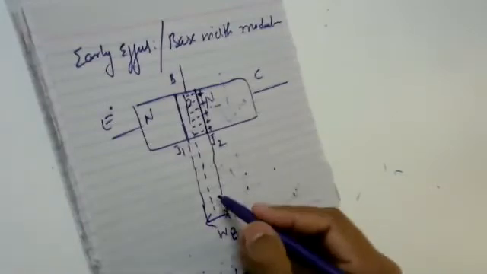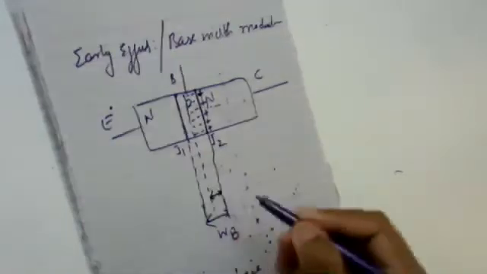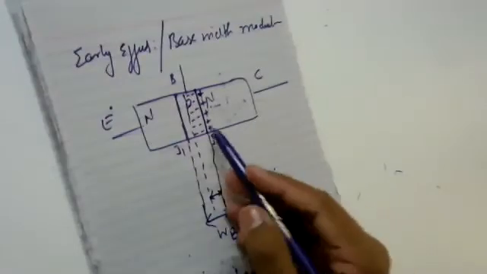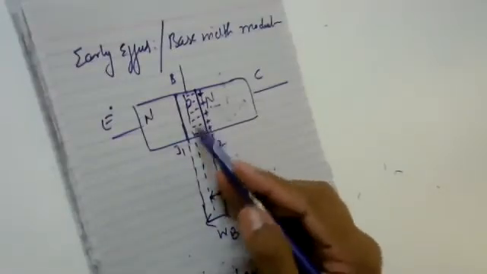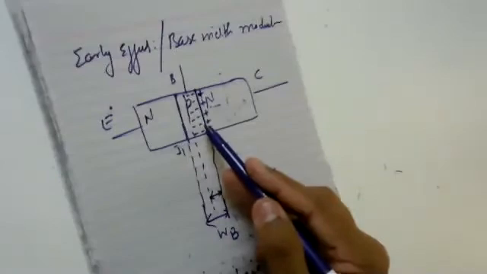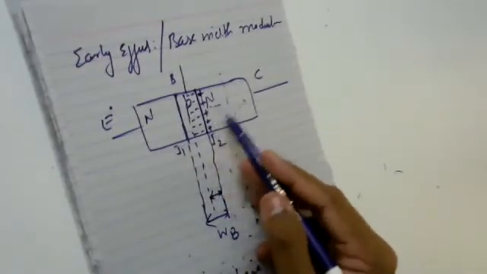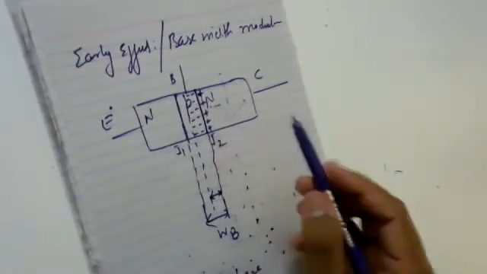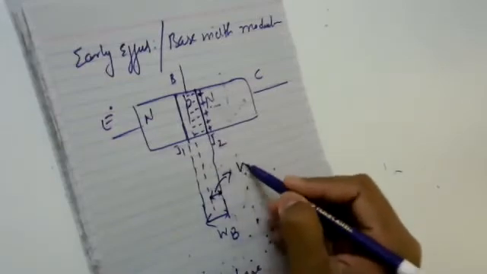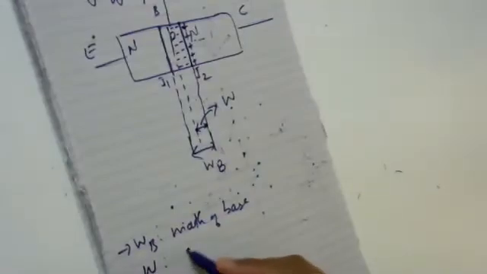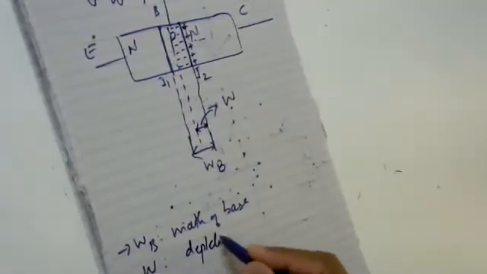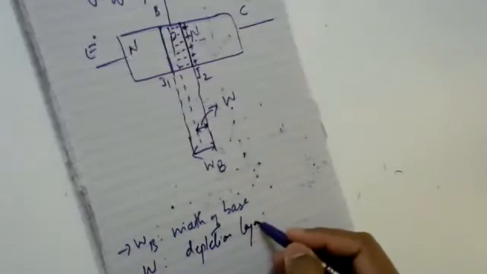And this section of the base is where a barrier is created, or a depletion layer is created. So I call this W, where W indicates the depletion layer width.